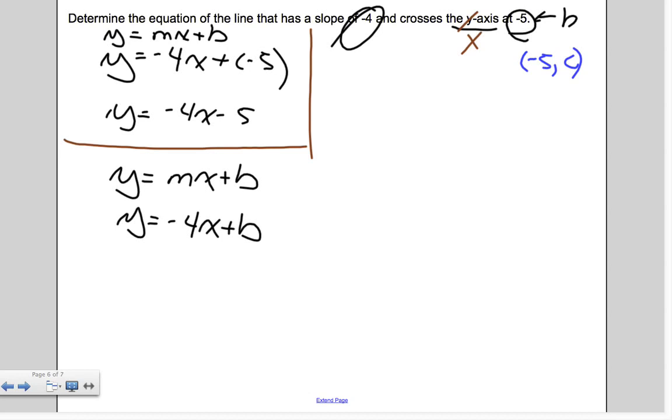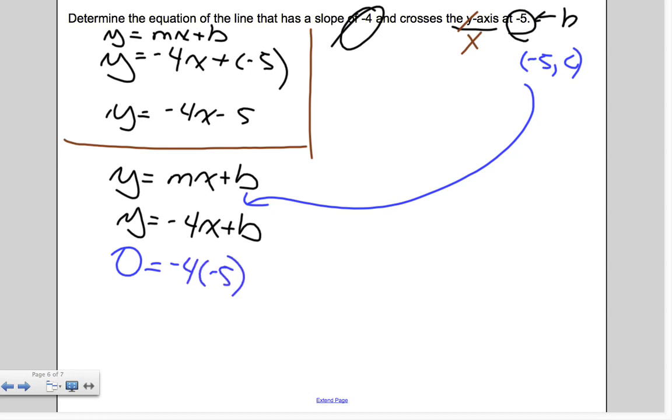Christina has pointed out that we're also given a point where it crosses the x-axis. What is the coordinate of that point? Well, -5 is the value of x. What's the value of y? 0. So we can plug that in: y is 0 when x is -5.